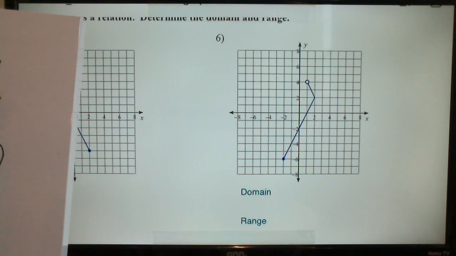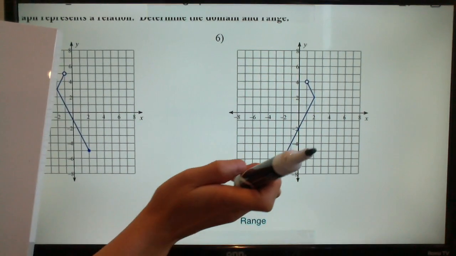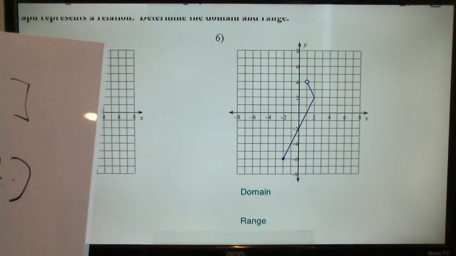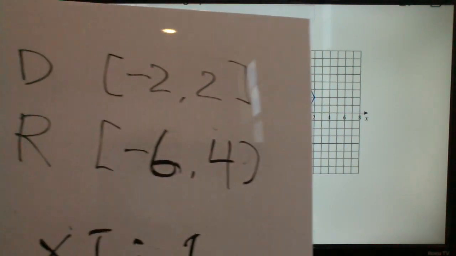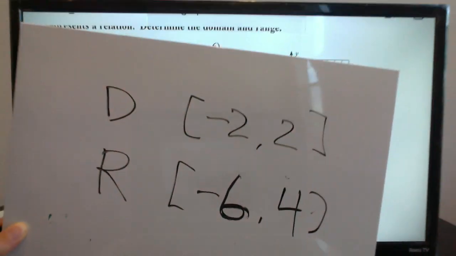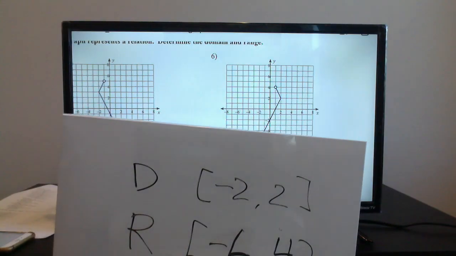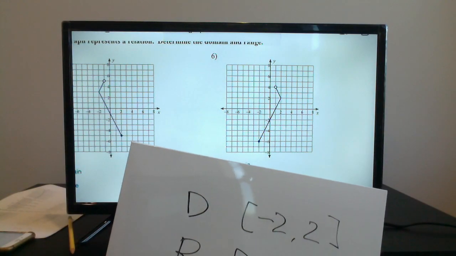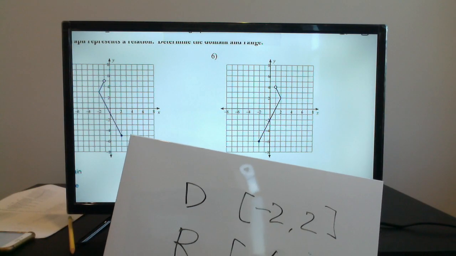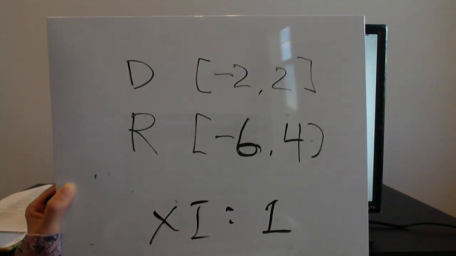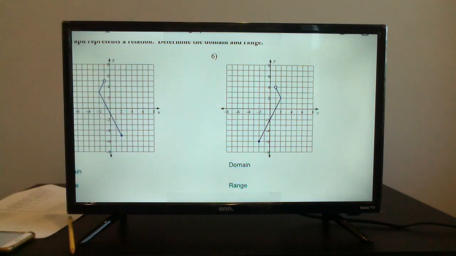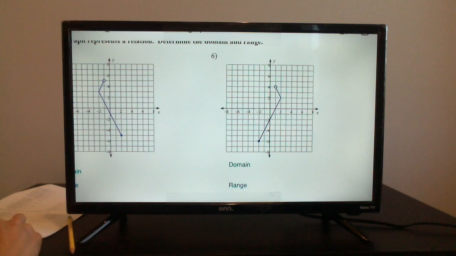And domain is -2 to 2. Here. Yes? Is it correct? Yes. Okay.